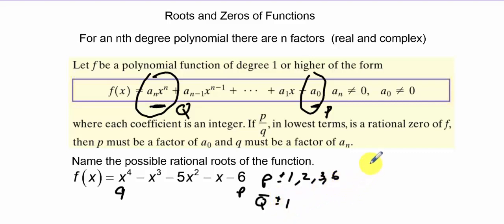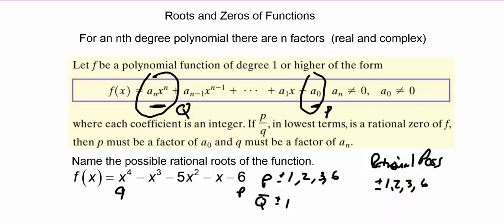So my possible rational roots. Now these are possible. They aren't all the rational roots, obviously, because we'd have way more than 4. We'd have 8 in this case. We could have any one of these possible combinations, 1, 2, 3, and 6 of the plus and minus variety.